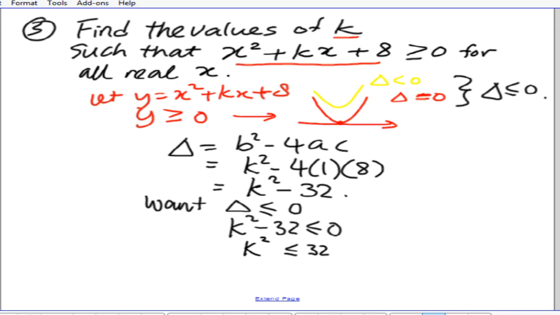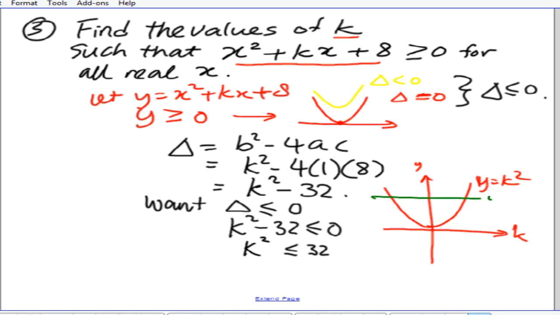32. So I can sketch out a graph like this. This is k, and this could be my graph of y equal to k squared, and then here I have another line. This is y equals 32. So down here will be square root of 32, and here is negative square root of 32.